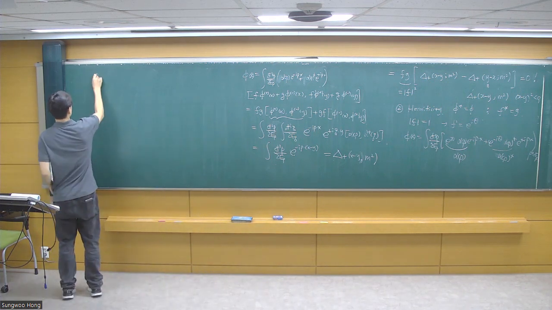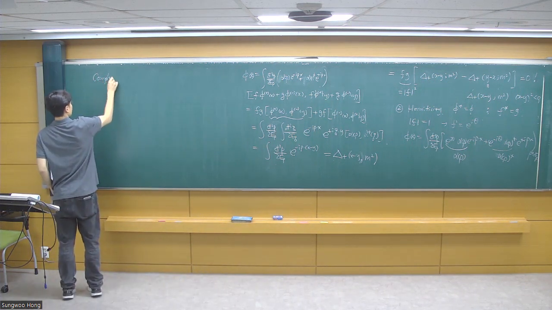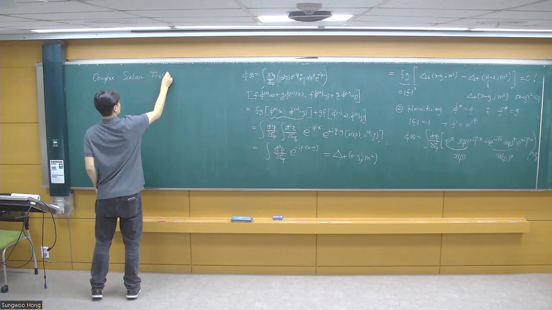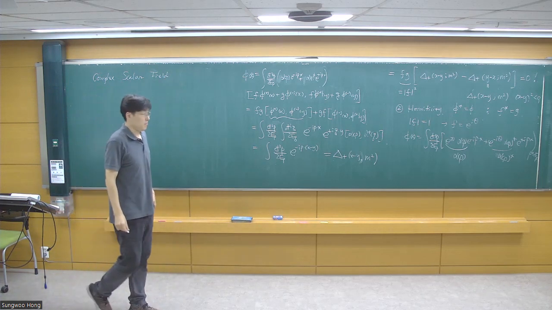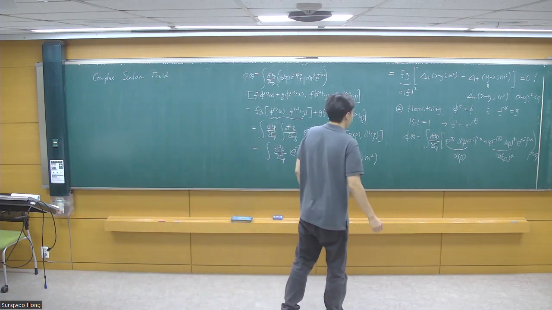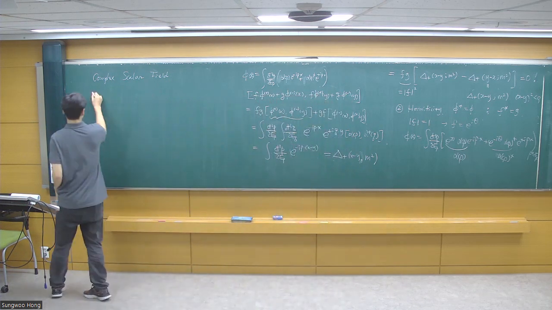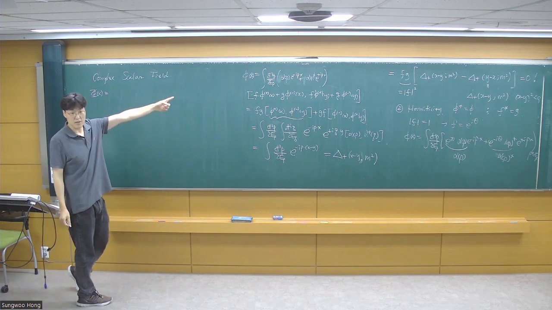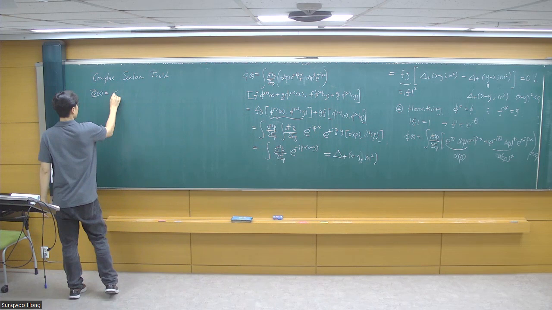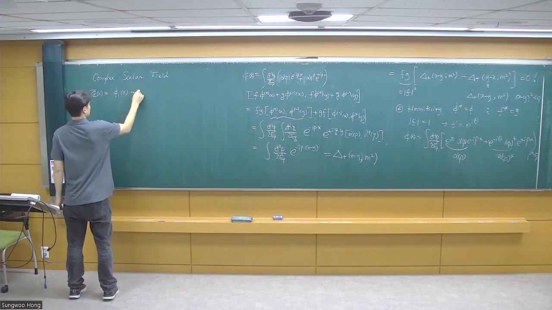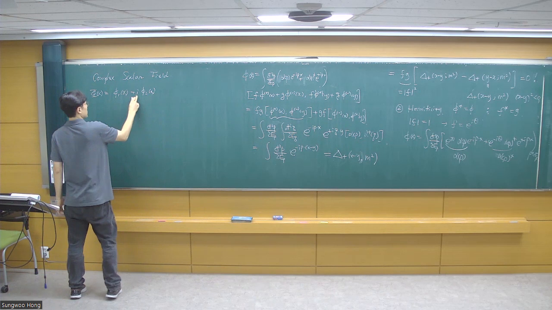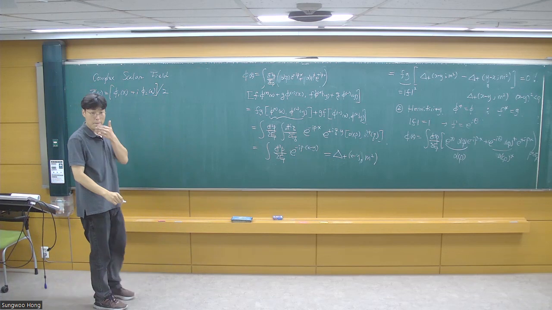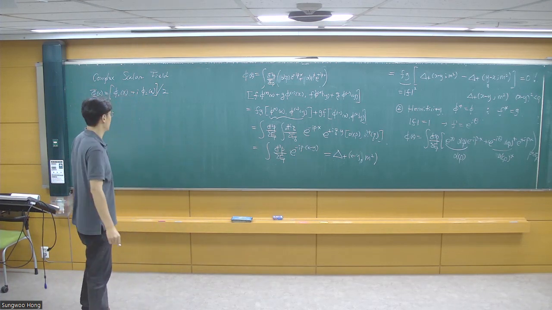So I'm going to introduce a complex scalar field. So, complex scalar field, let me write it as phi. And then let me pick the two scalar fields that I constructed here. So I'm just going to put the first scalar field plus the second scalar field times i, everything divided by square root of 2. Okay, so that's a complex scalar field.